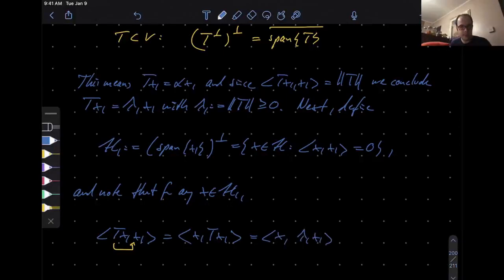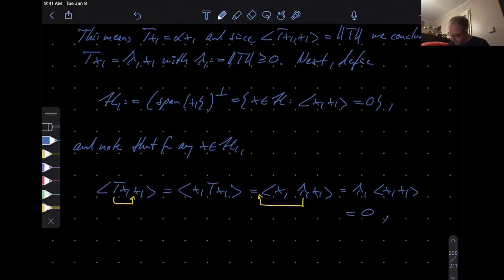Lambda 1 is real because you're dealing with self-adjoint operators, so you can move it out unchanged. It goes here, so you have lambda 1 times (x, x1). But x is in H1, and those are all vectors for which this last inner product is equal to 0. So this is equal to 0. This means in turn that the image of H1 under the map T is again contained in H1.